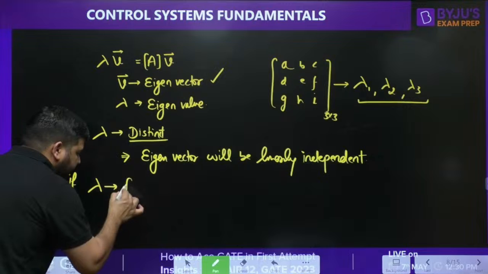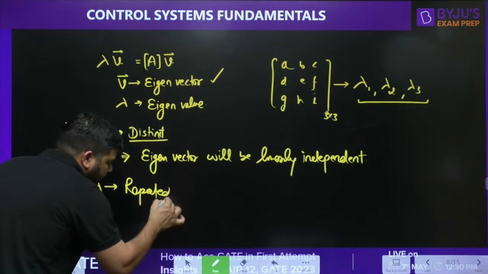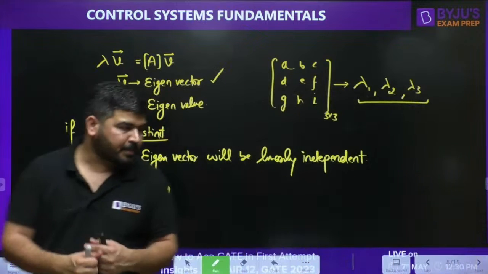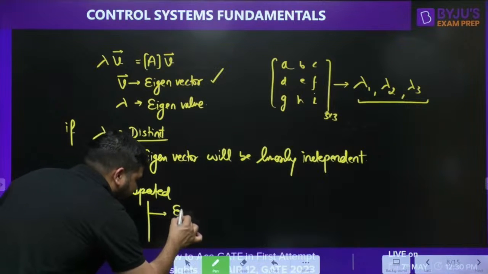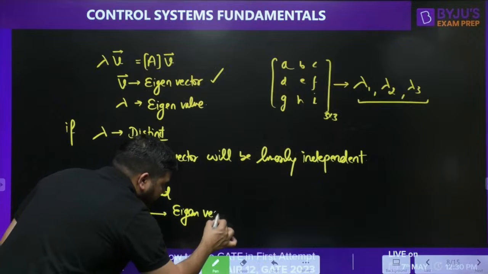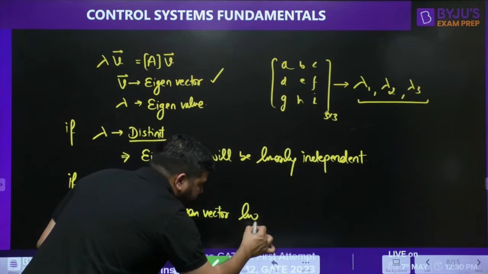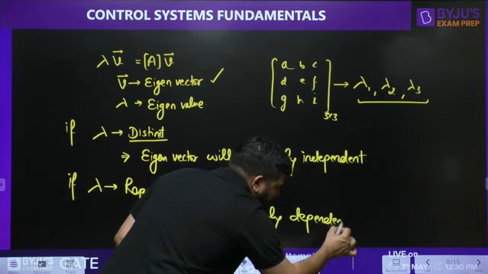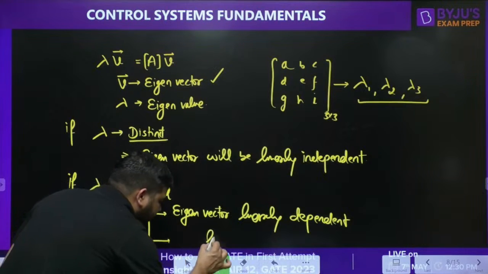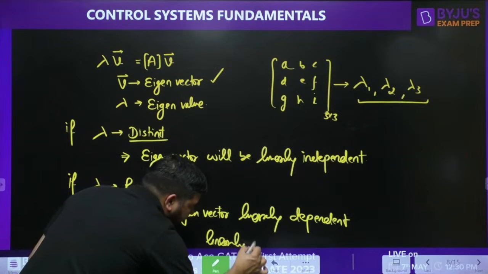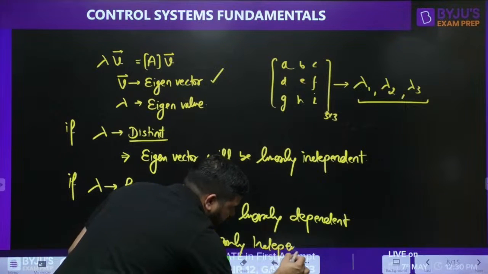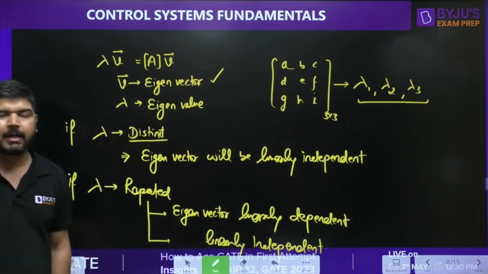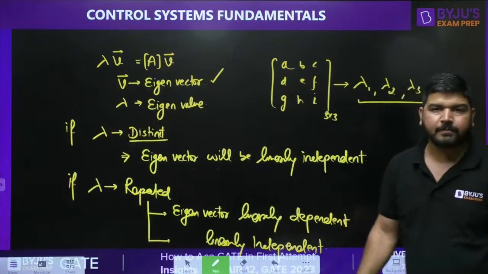But if eigenvalues are repeated, then it may be possible that eigenvectors are linearly dependent or linearly independent. It means in this case, you may have linearly dependent eigenvectors as well as linearly independent eigenvectors. You have to check.